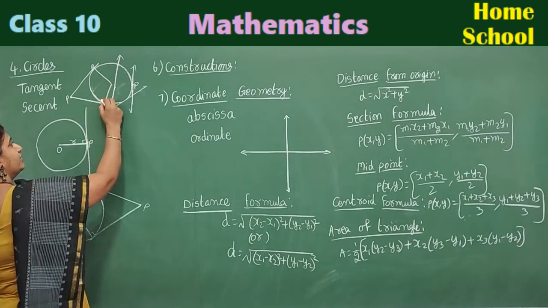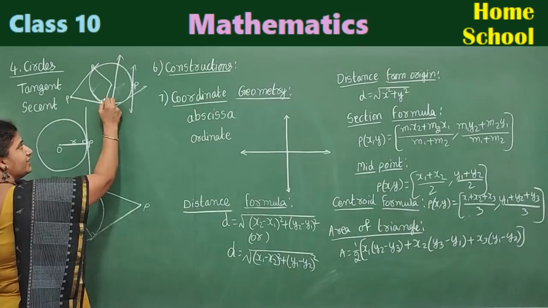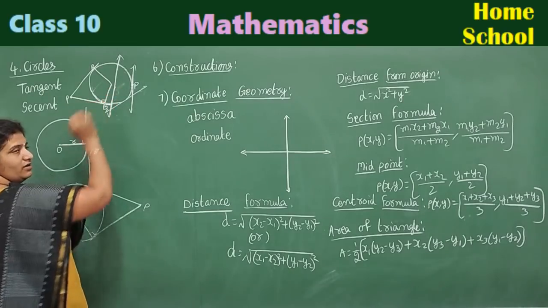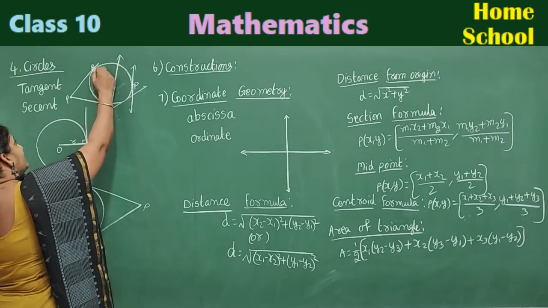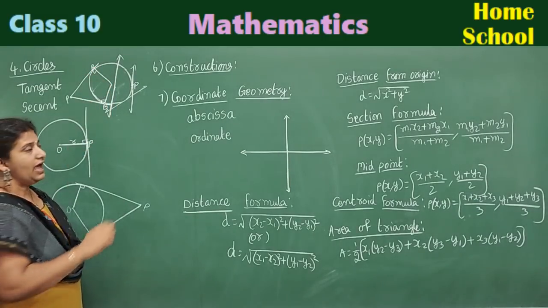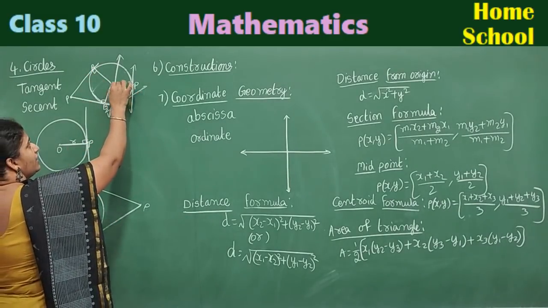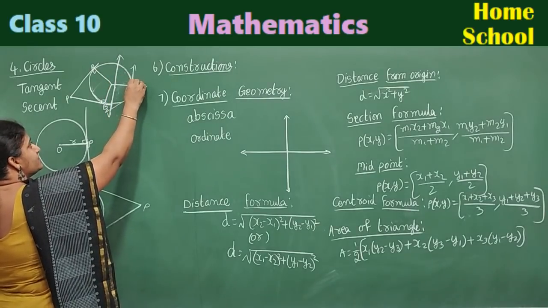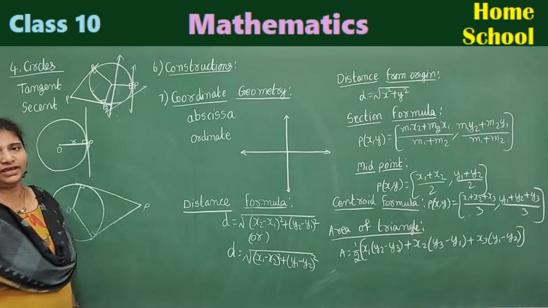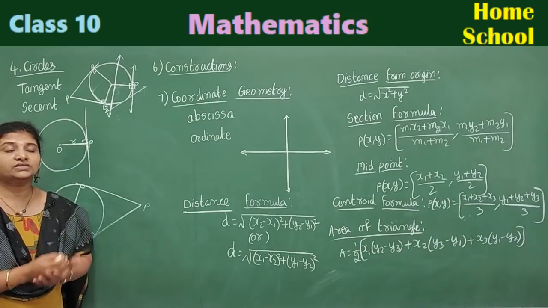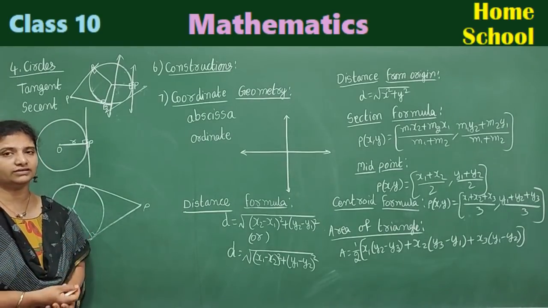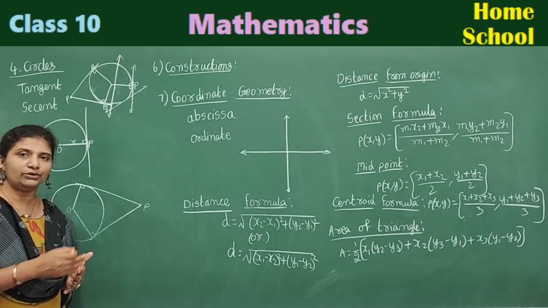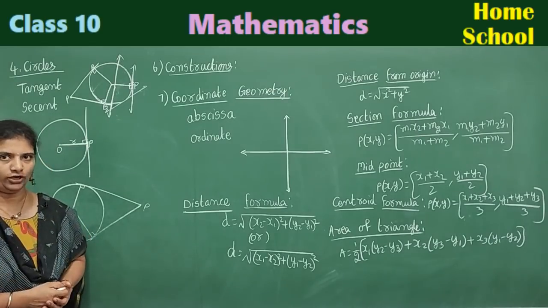If I join the point of contact, it is always perpendicular to the radius. This is 90, this will be 90. And here, if I join to the center, this will be 90 and this side will be 90. So the point you need to remember: a tangent from any point on a circle is perpendicular to the radius through the point of contact.